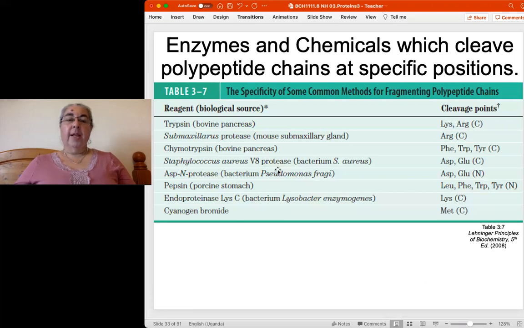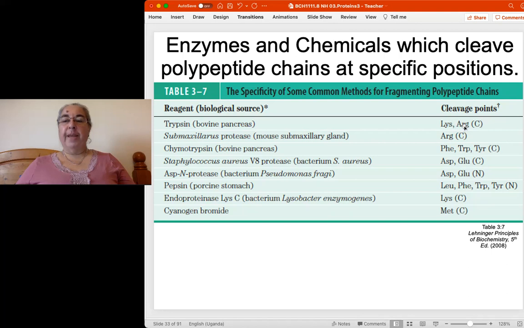Sorry, before I talk about that, I just wanted to show you different things that can be used to cut polypeptide chains. So in the diagram there, we saw trypsin and cyanogen bromide. And this table just shows you where each cuts. So trypsin cuts at the C-terminal side of lysine and arginine residues. I hope you're remembering what lysine and arginine have in common.